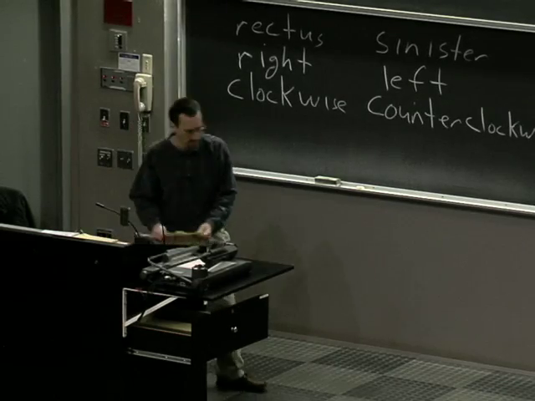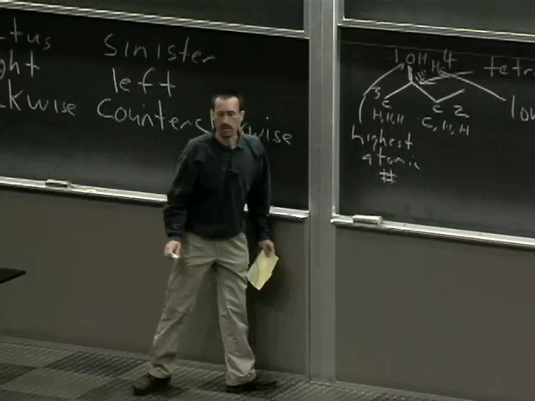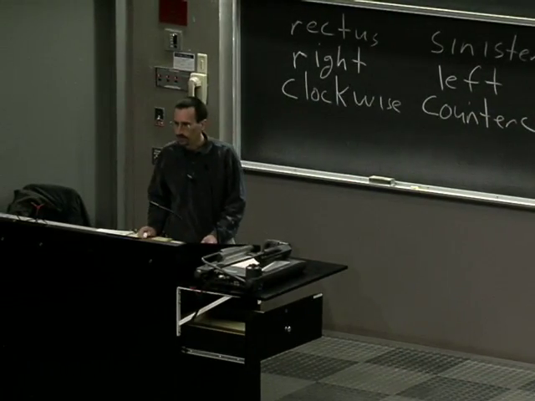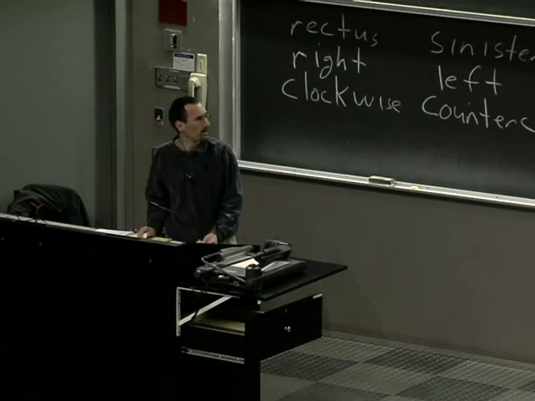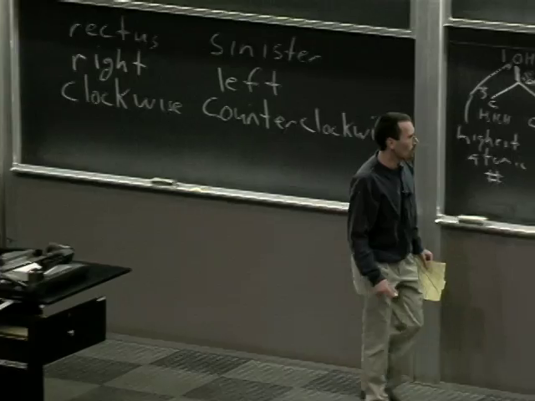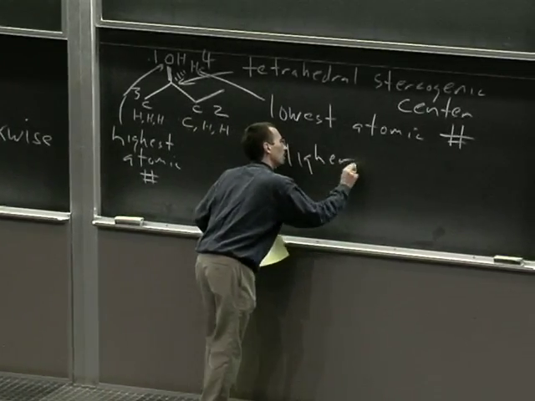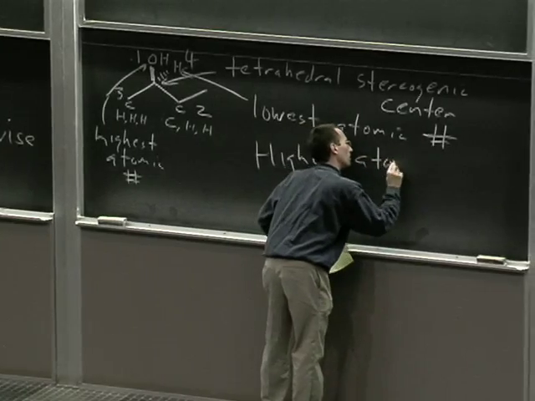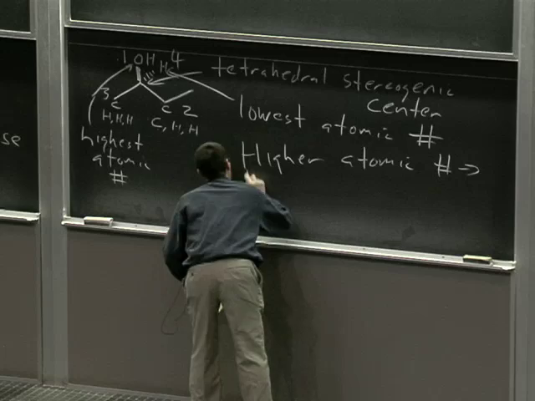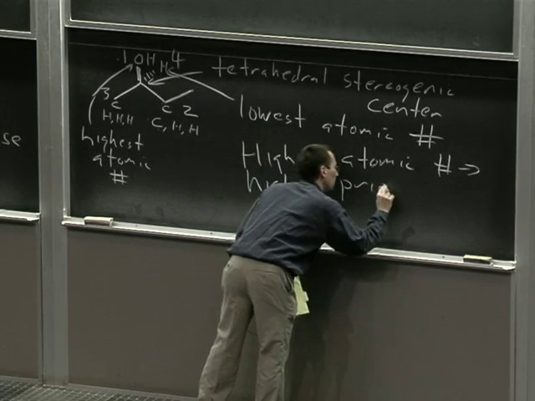And the methyl group gets a ranking of 3. So the first rule we can say is higher atomic number leads to higher priority.